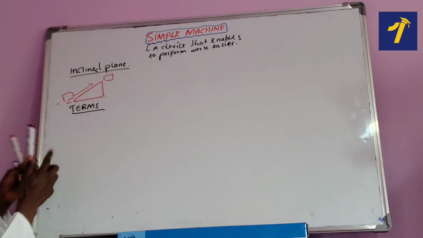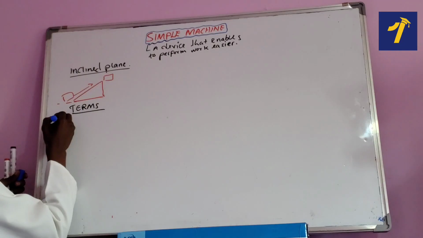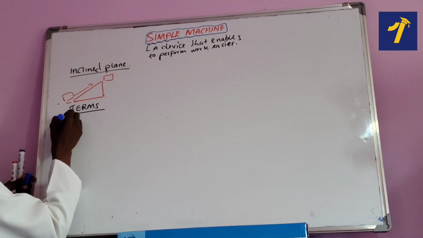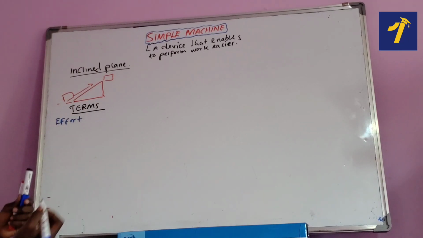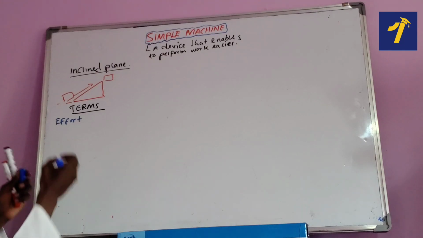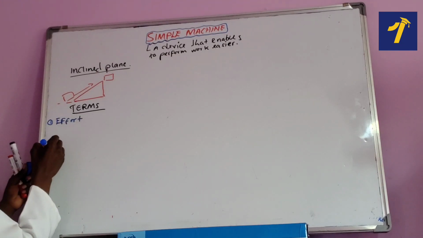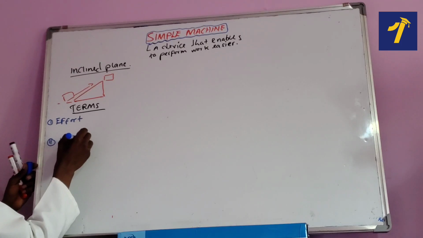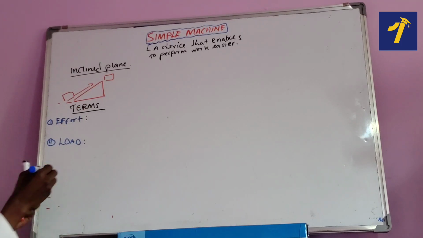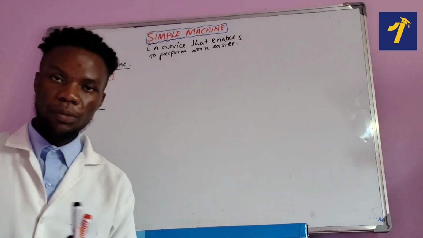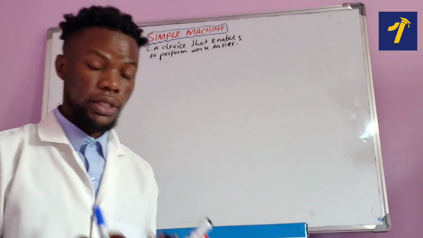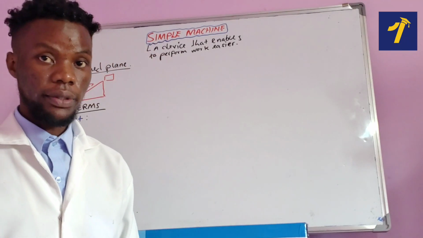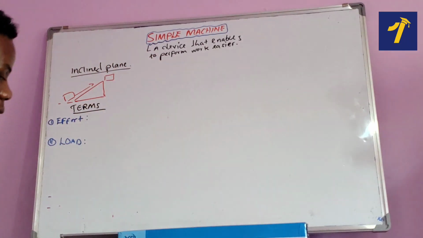There is what we call effort, and the second one is load. We need to understand what it means when someone says effort and when someone says this is the load. Now what is the effort?